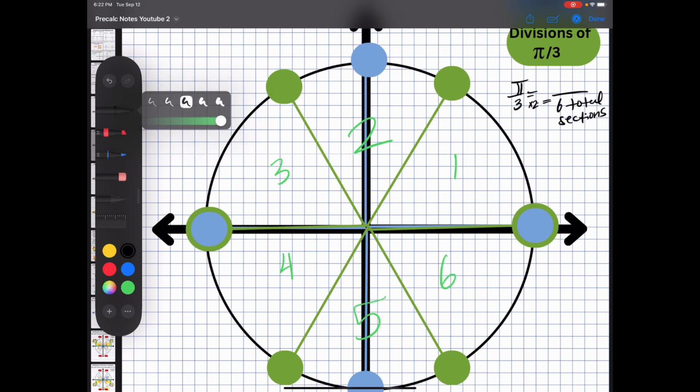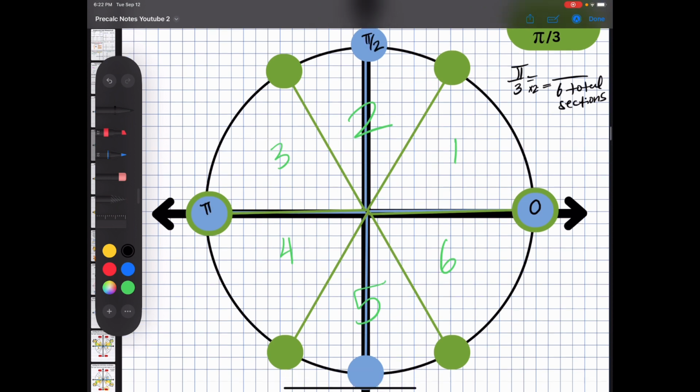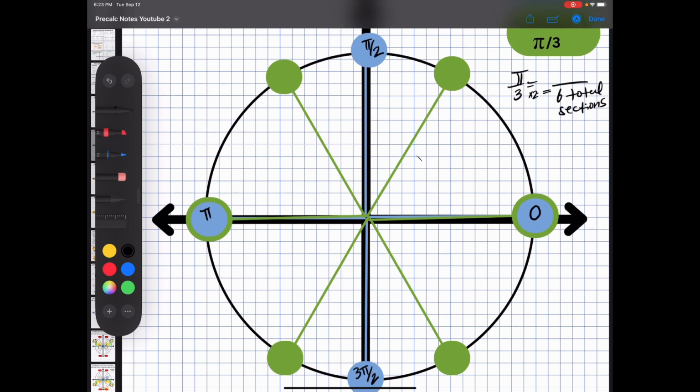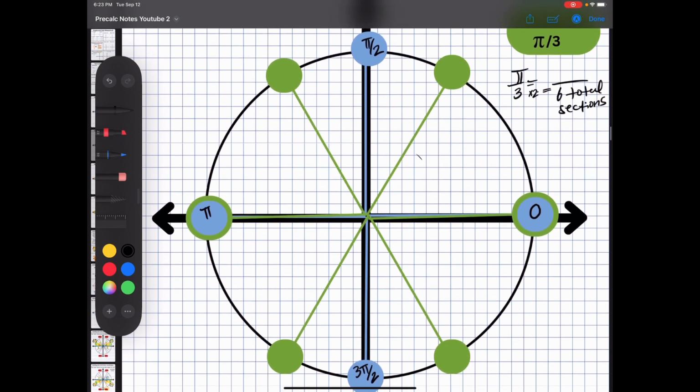And before we begin, I'm going to copy my angles in blue from my previous problem. In the previous diagram, we had 0, pi over 2, pi, and 3 pi over 2. Now that I have filled in my angles from my divisions of pi over 2, we're now doing divisions of pi over 3. So here we go.